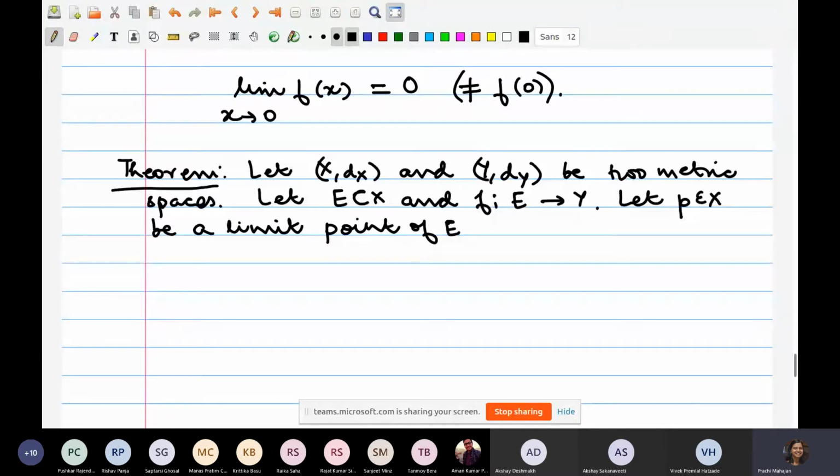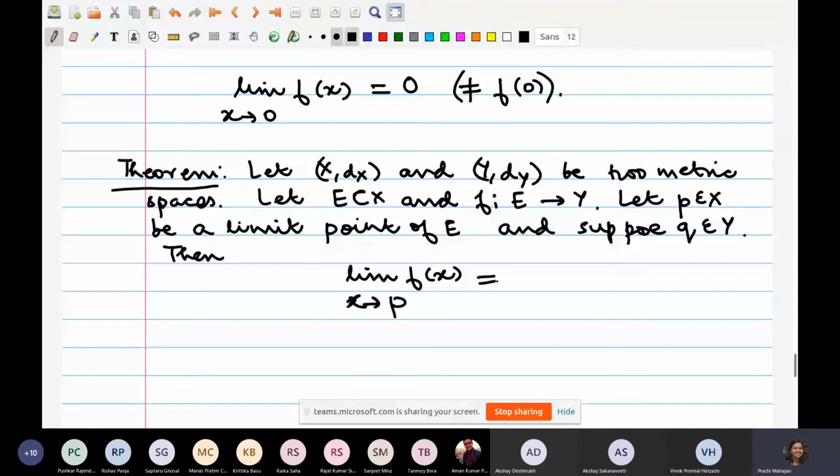P is a limit point of the set E, and suppose that Q is a point in Y. So we already know what is the meaning of the statement that the limit of the function f at the point P exists and equals Q. Now, what is the point of this theorem?